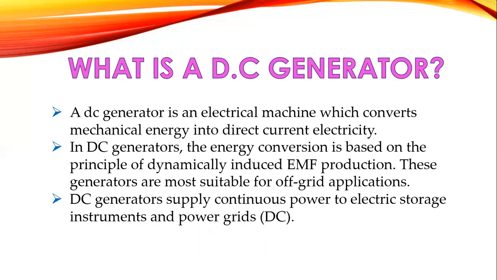In DC generators, the energy conversion is based on the principle of dynamically induced EMF production. These generators are most suitable for off-grid applications. DC generators supply continuous power to electric storage instruments and power grids.